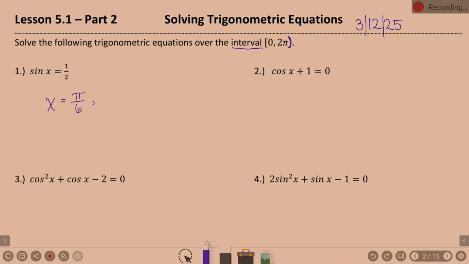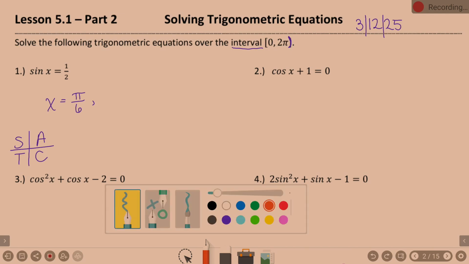Those on our reference chart are the quadrant 1 answers. There are 4 quadrants though, because we're on the interval from 0 to 2 pi. So what other quadrant do we want to consider?